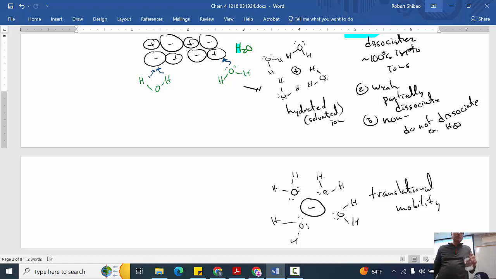And that results in confusion because there are two definitions for electrolyte. If you're a battery person, battery people are really interested in electrolytes, then all you care about is electrical conductivity. And so if it has good electrical conductivity, you call it strong. If it doesn't have any electrical conductivity, you call it a non.